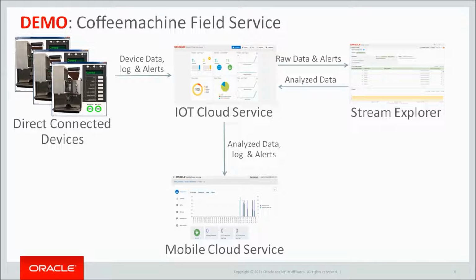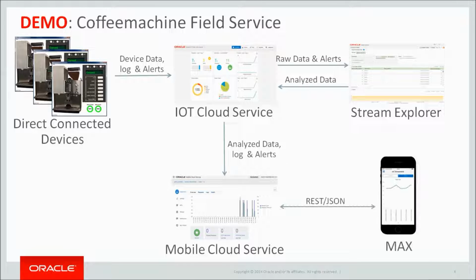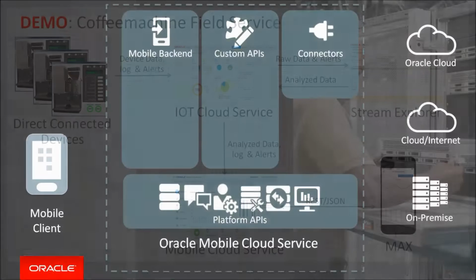Further on in the demo we pass information through to the Oracle Mobile Cloud Service to be able to implement a mobile application for service engineers while they are on the road. And for that we use the Mobile Application Accelerator platform, which is a citizen developer tool within Oracle Mobile Cloud Service, so anyone can build easy mobile applications, put them on their phone or their mobile and use them in the field.